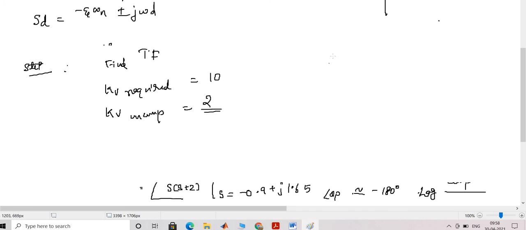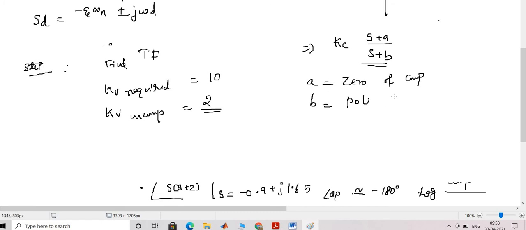Now we have the equation. What is the transfer function of the compensator? Kc into (s + a) divided by (s + b). This is our transfer function. Now we have to find the values of a and b, where a is the zero of the compensator and b is the pole of the compensator. We can find them using the equation.